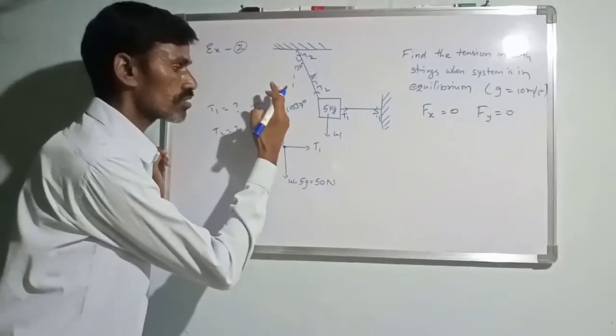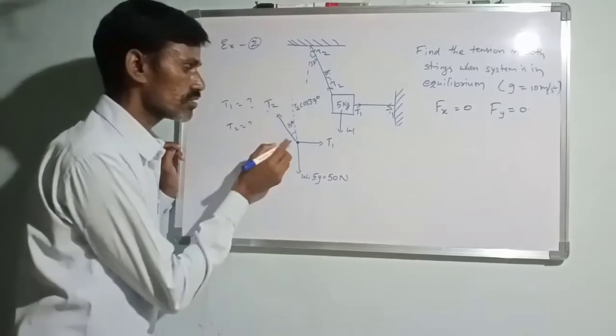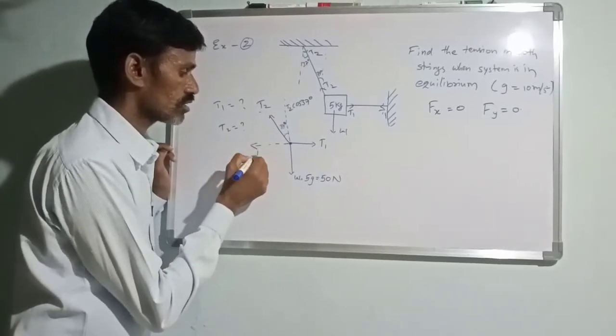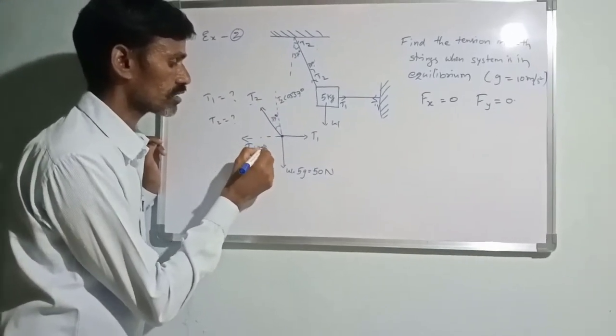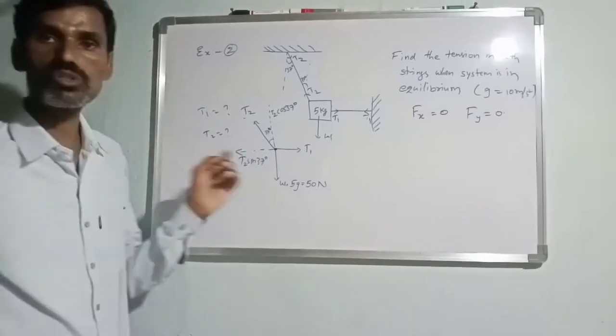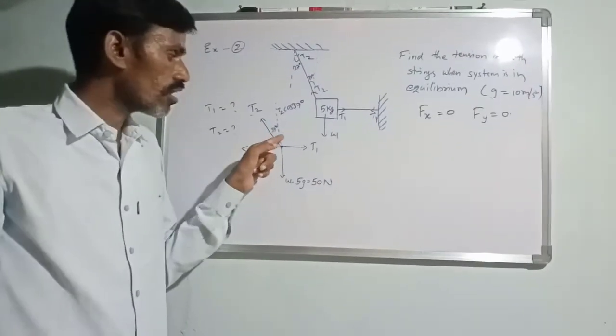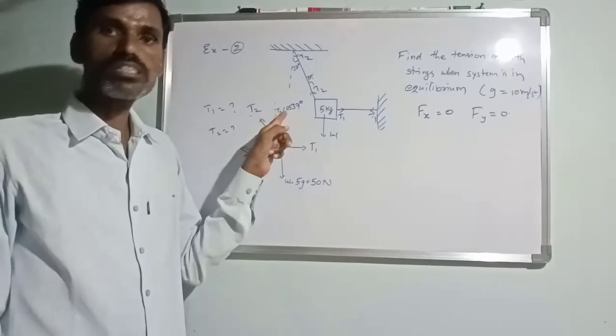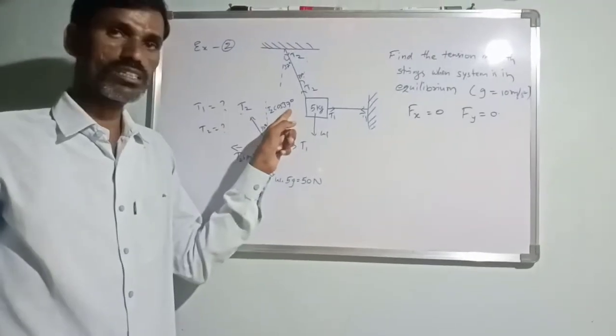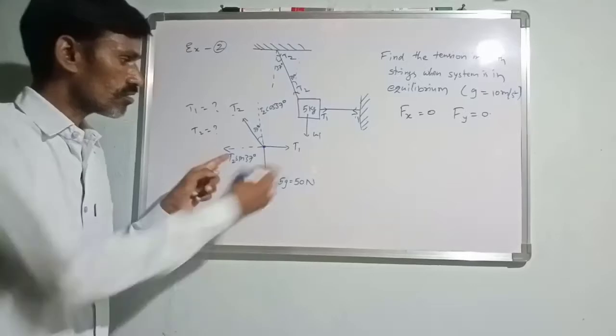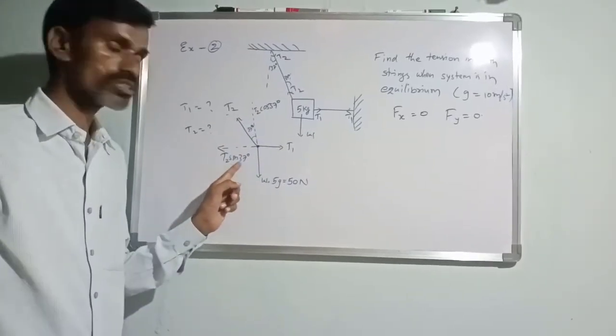The perpendicular to this is T2 sin 37 degrees. Okay, resolution of vectors. So along theta, that component is the cos component, that is T2 cos 37. Along the perpendicular component T2 sin 37.